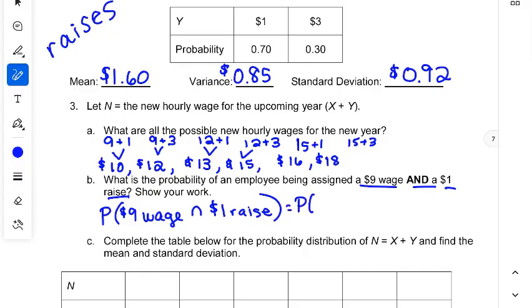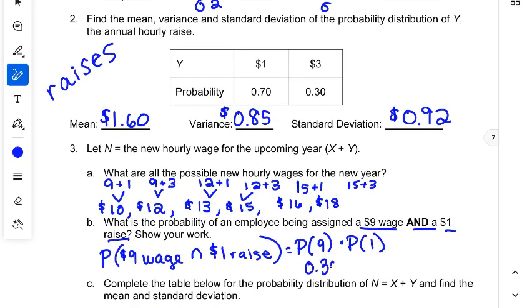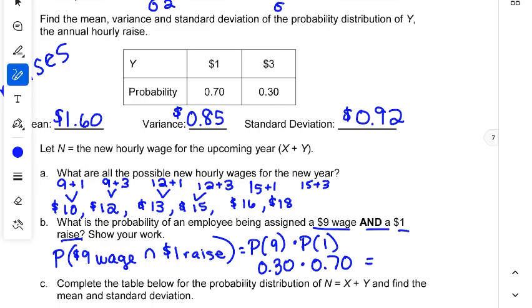So we could find this by doing probability of $9 wage times probability of a $1 raise, because they're independent. So we take the probability of $9, which is 0.30, and we multiply it times the probability of the $1 raise, which is 0.70. So 0.21 probability.